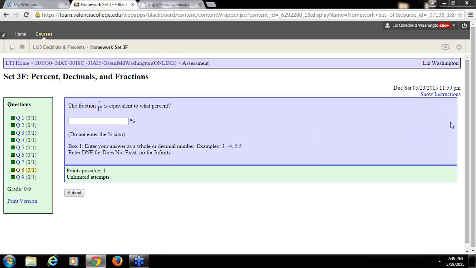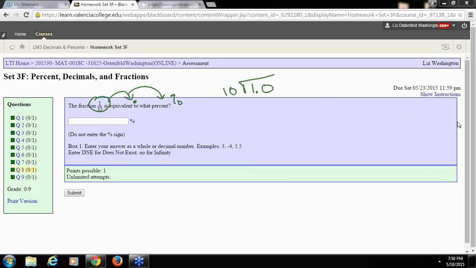Alright, so now they want to take it all the way. Okay, we got a fraction, and they want us to go not to a decimal, but to a percent. So what I like to do is I like to take it to a decimal first. 1/10 is the same thing as 1 divided by 10. Okay, and let's find the answer to that first.